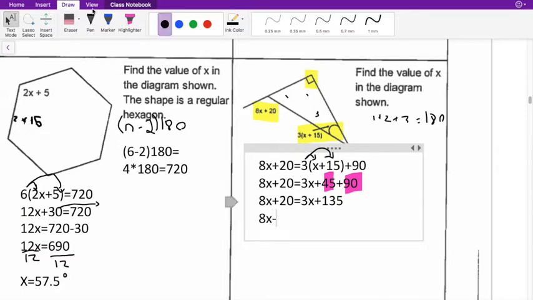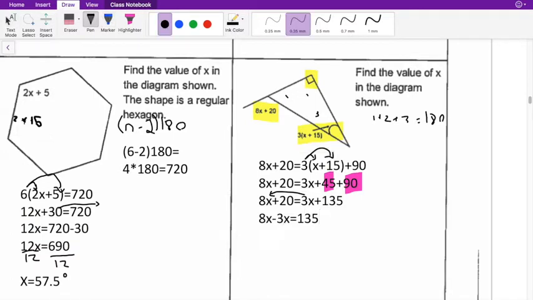I'm going to bring over this x. So it's a plus on this side, so when it comes over, it's going to be a minus. That's where I get 3x from, equals 135 is already there. So if I want to have a plus 20 over here, so I want to bring it over, it's going to become a minus 20.